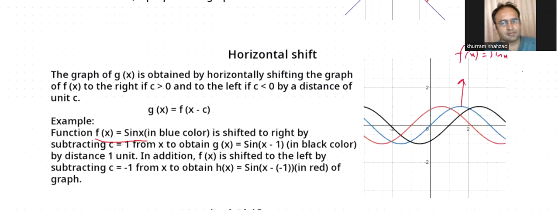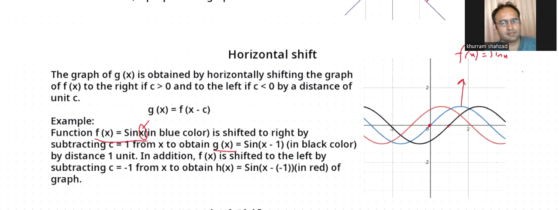And if we subtract 1 from this x, the new function g of x, its graph is shown in the black color. So this graph is shifted to the right. Look at this point. This was the 0 of this graph. Now this 0 is shifted to the right.